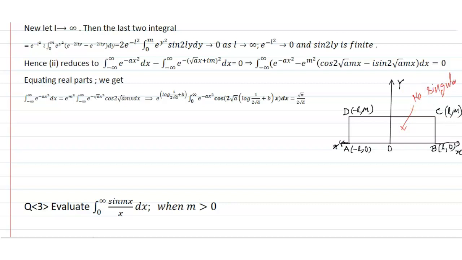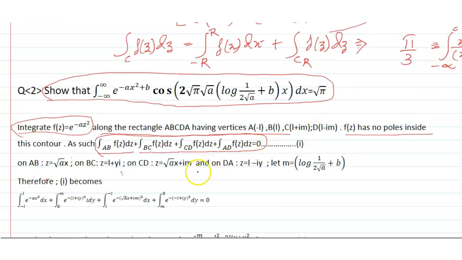You will not see any singularity. That's why the total line integral of f(z) dz is 0.